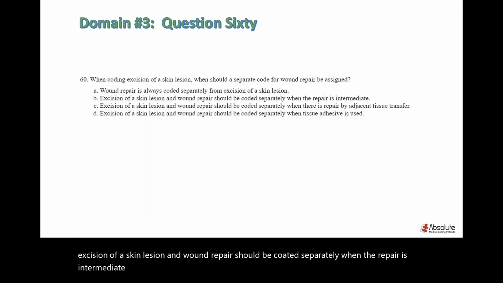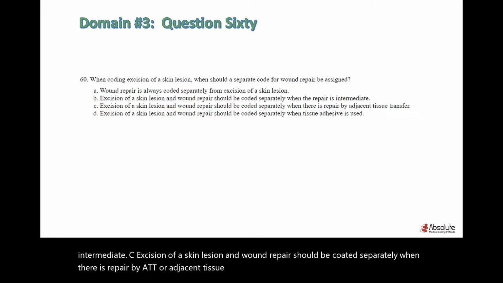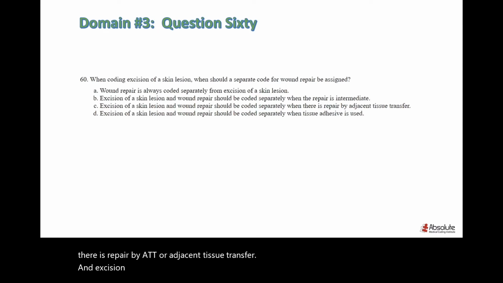C. Excision of a skin lesion and wound repair should be coded separately when there is repair by ATT or adjacent tissue transfer. And D. Excision of a skin lesion and wound repair should be coded separately when the tissue adhesion is used. What say you?